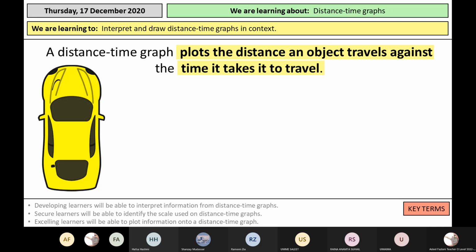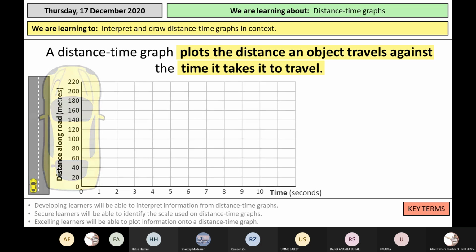A distance time graph plots the distance an object travels against the time it takes to travel, right? So if you look at a distance time graph, you always find distance on the y-axis and time on the x-axis, right? Got it?